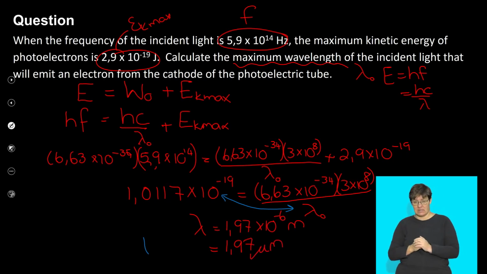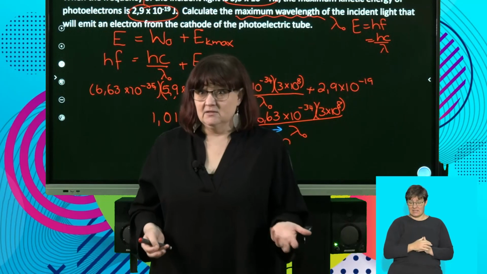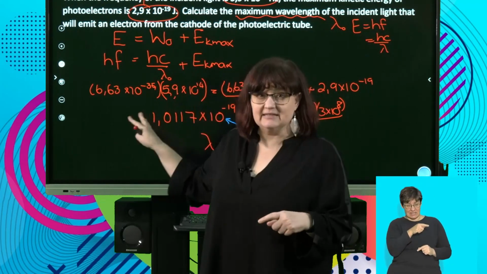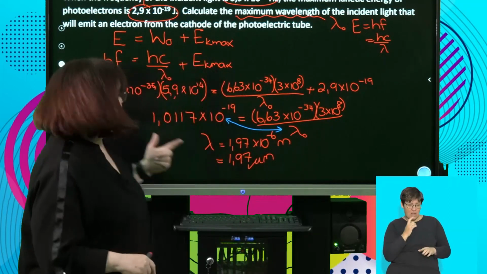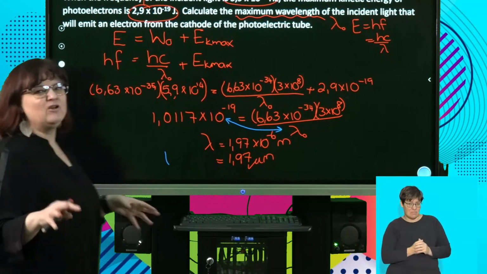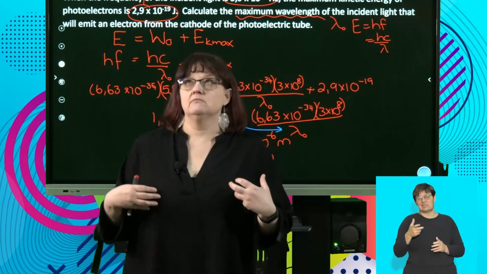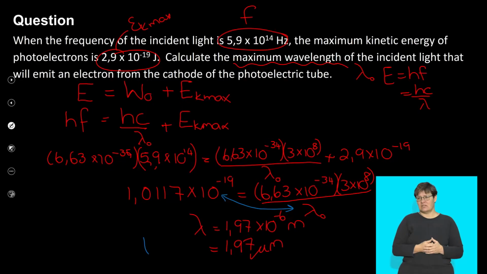That's actually quite a big wave in terms of light, which means the threshold frequency for whatever this is is very, very low. So it's easy to get electrons off this one. But they're not going to ask you to comment on the final answer that you get. They're just not.